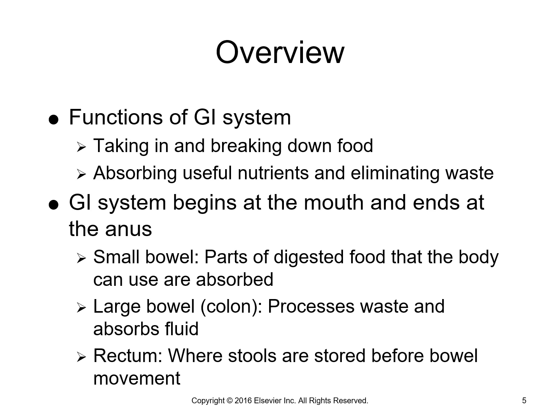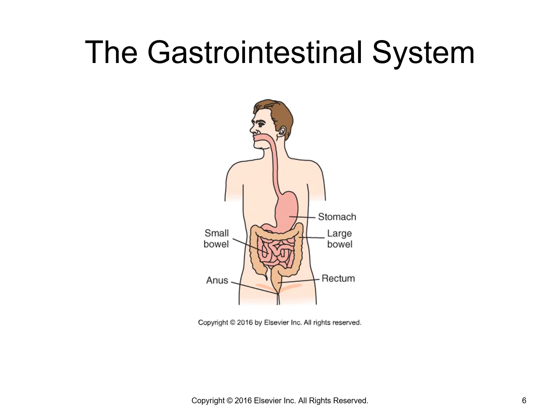We all know that the small bowel is where the parts of our digested food are usually absorbed, and the large bowel, which is your colon, processes the waste and absorbs the fluids, and the rectum is the one that eliminates the digested food, and where the stools are stored for bowel movement.